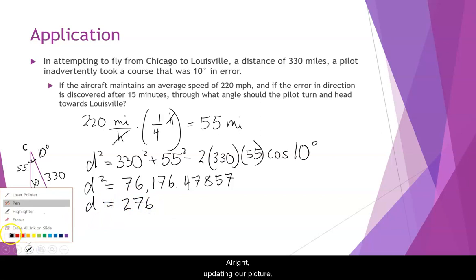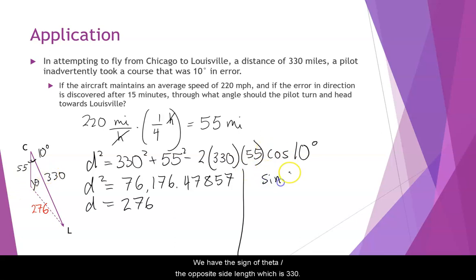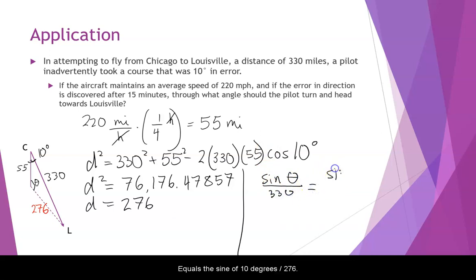All right, updating our picture, we now know all three side lengths. Let's try using law of sines now. Using the law of sines to find this missing angle theta, I have the sine of theta divided by the opposite side length, which is 330, equals the sine of 10 degrees divided by 276. And again, I'm expecting this angle to be large.